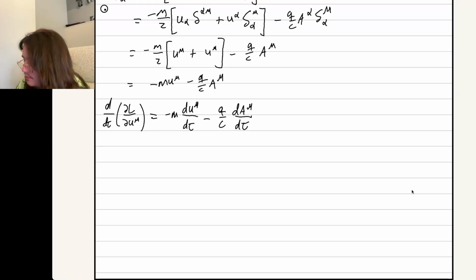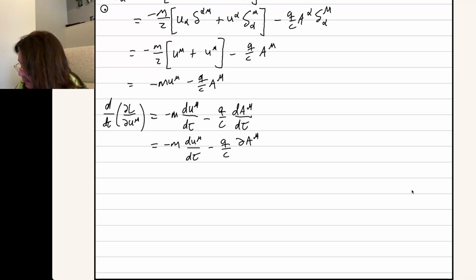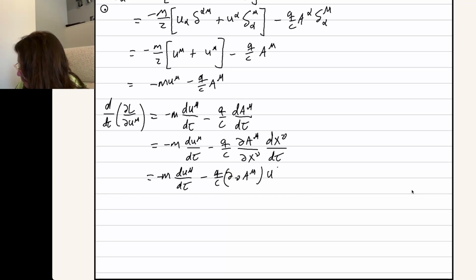So the 4-vector potential doesn't actually depend on τ directly, so we have a bit of a chain rule here. We're going to take the derivative of A^μ with respect to a different subscript so you can capture all the elements. So ∂/∂x^ν, and this is going to be dx^ν/dτ, which, since the time derivative of a position is just the 4-velocity, I can also just write as u^ν.